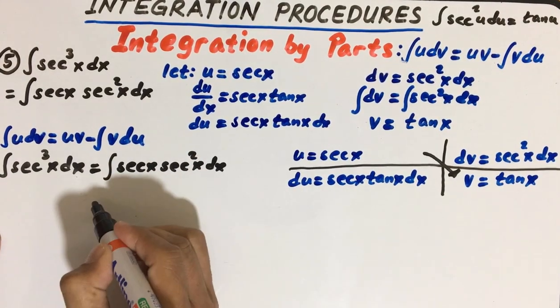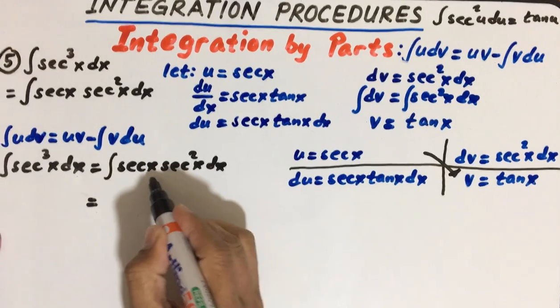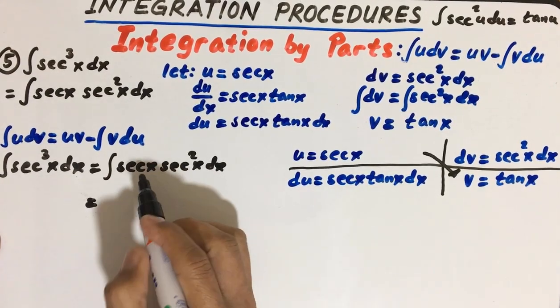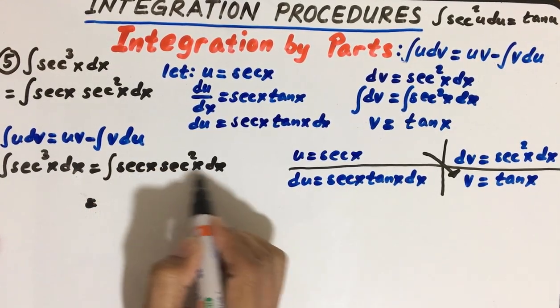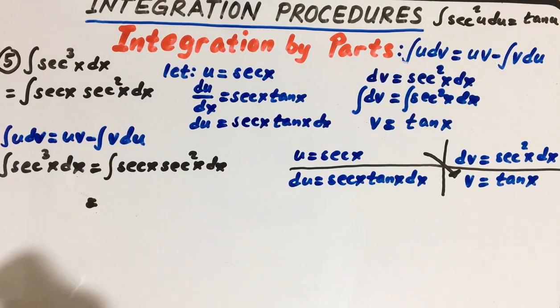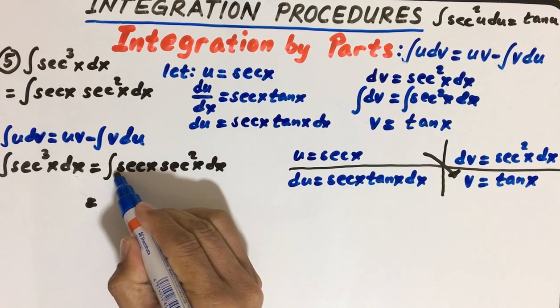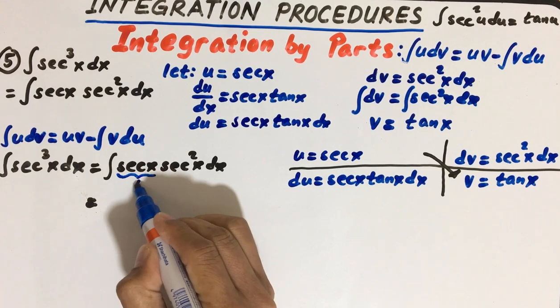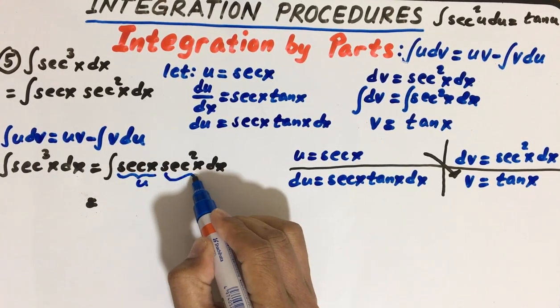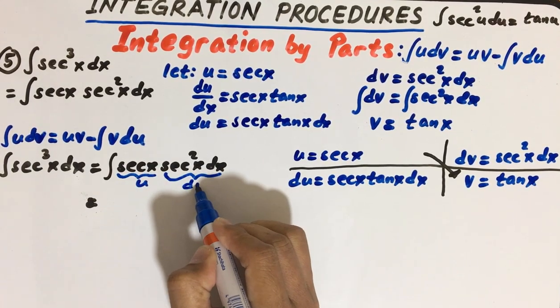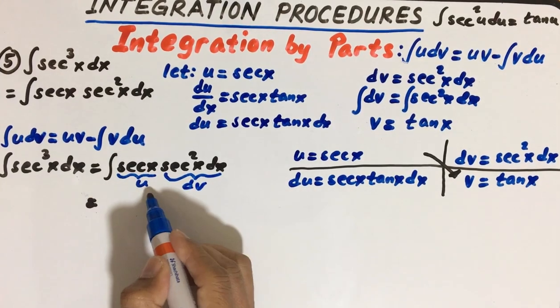Alright, so we have our u dv. This is our u, and this is our dv, right? So the integral of u dv.